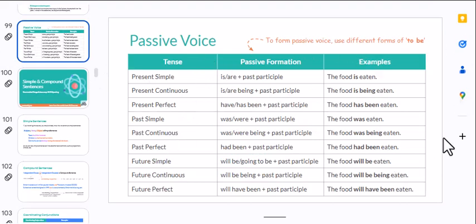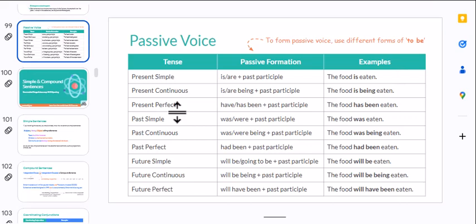I hope you take a screenshot, because on the internet it's full of lots and lots of tables like this one with rows and columns, but this is the easiest way I found to study the passive voice in grammar structure. All you have to do is use different forms of the verb to be. We focus on the verb to be here.